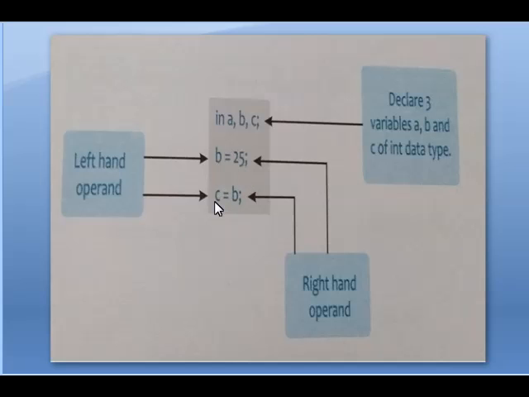Here C and B both are operands. The symbol in between these two operands is called the operator. Here we are using the operator equals. So this is called the assignment operator.